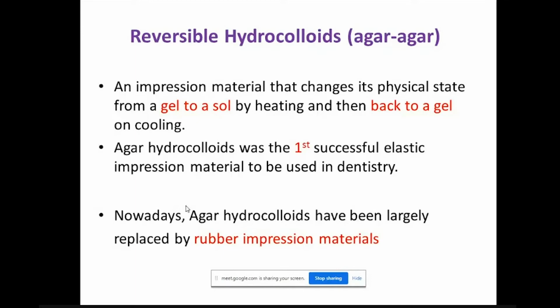This is the first impression material discovered for taking intraoral impressions in dentistry, by the way. But now we cannot use it; it has been replaced by new generations of impression material, like the rubber impression type.